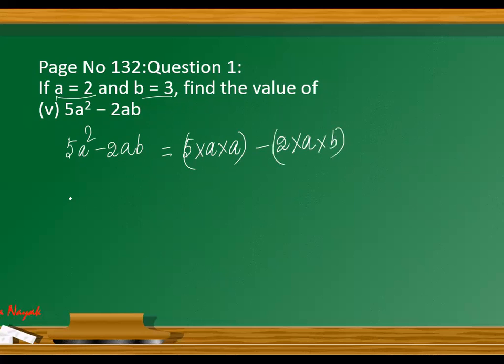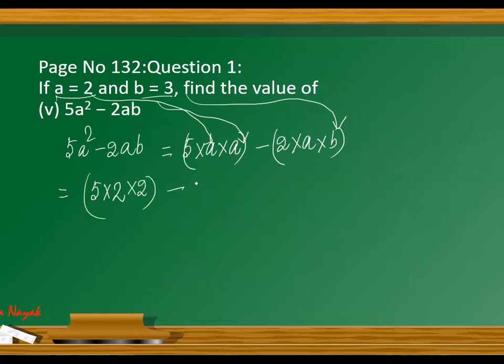I am writing all in product form, then I'll put the values. What is a? a is 2. In place of a, I'll put 2, and in place of b, I'll put 3. So 5 into 2 into 2, first term is complete, minus 2 into 2 into 3. So how much will it be? 5 twos are 10, 10 twos are 20, minus 2 fours are 8, 8 threes are 12. So the answer is 8.